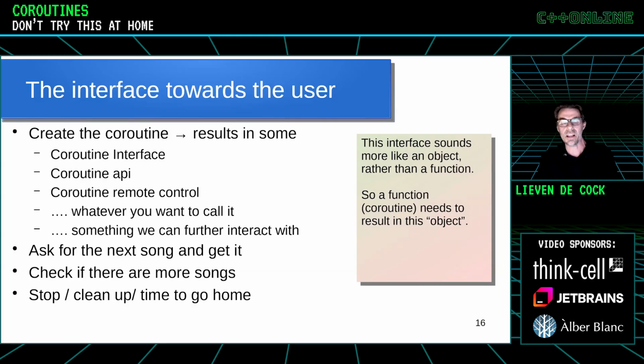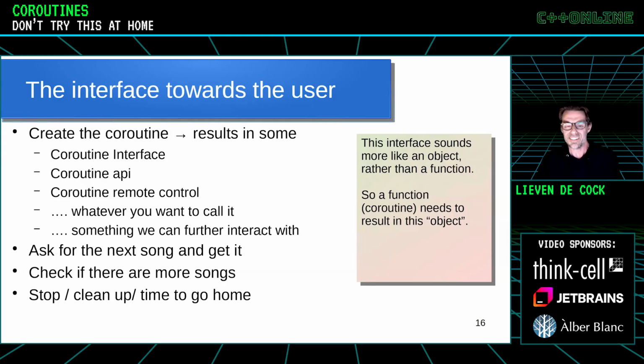We want to ask for the next song, aka coroutine, could you please resume? We want to check if there are still more songs, because if they are all being played, resumption doesn't make sense anymore. And at some moment, we want to stop and we want to go home. So everything needs to be cleaned up.